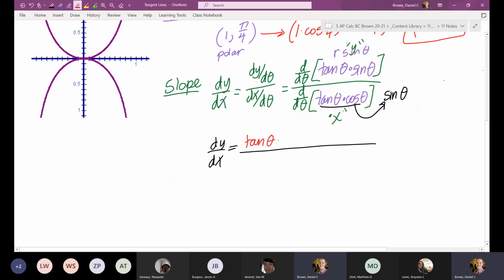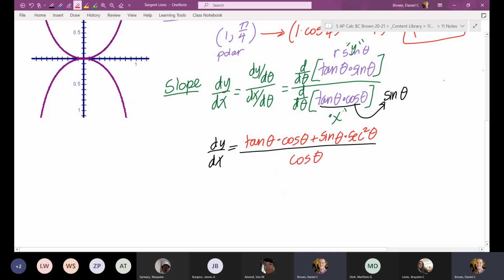First times the derivative of the second plus the second times the derivative of the first. The derivative of tangent is secant squared. And in that denominator, we said tangent times cosine is sine. Again, if you didn't simplify, you're doing the product rule. We did. The derivative of sine is cosine.